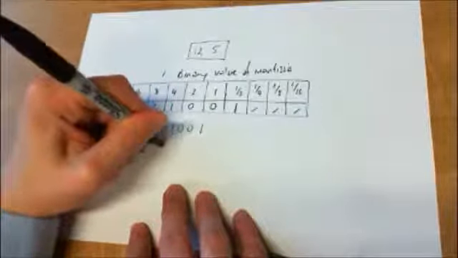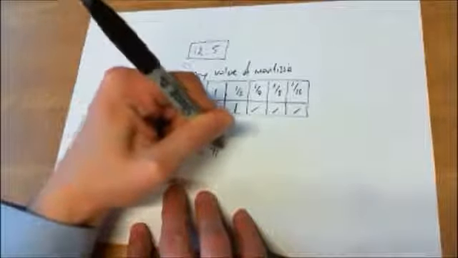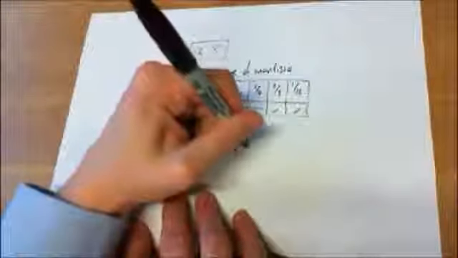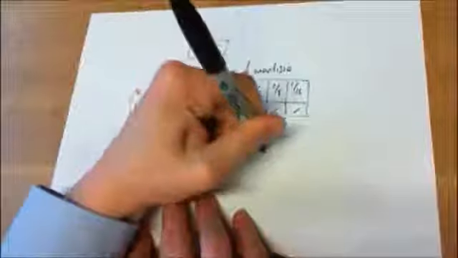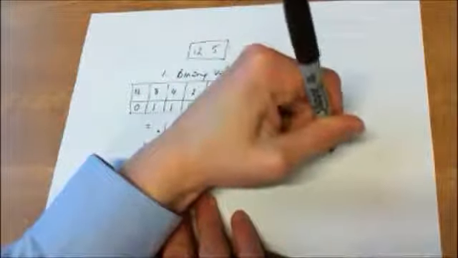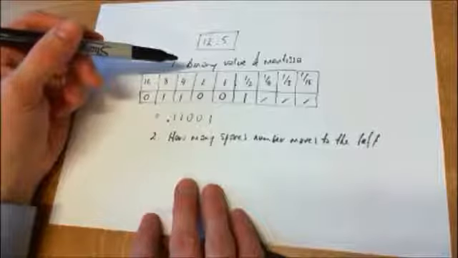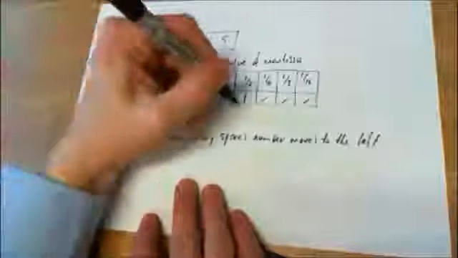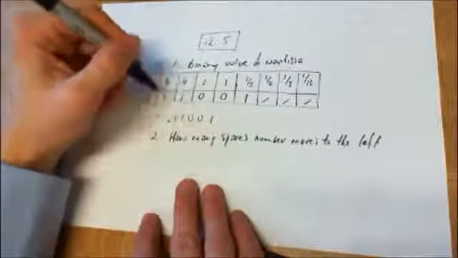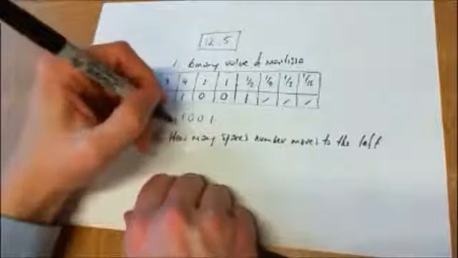So, how many spaces or places the number moves to the left. Now, if we want to represent that number, our decimal point has to move.